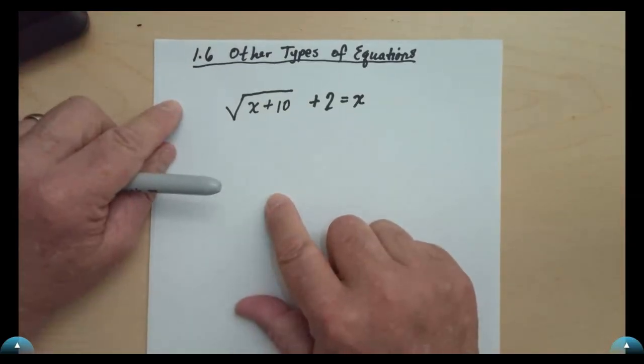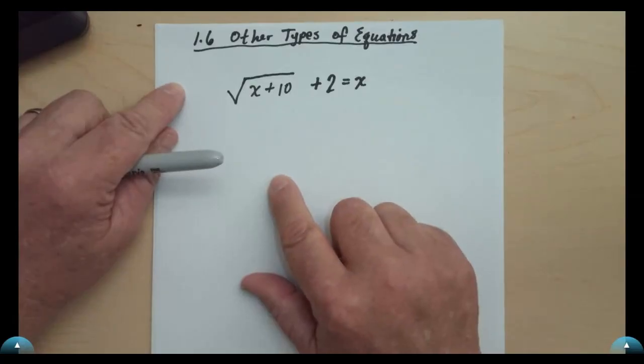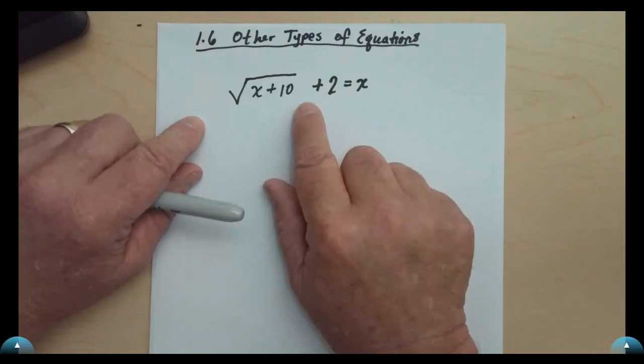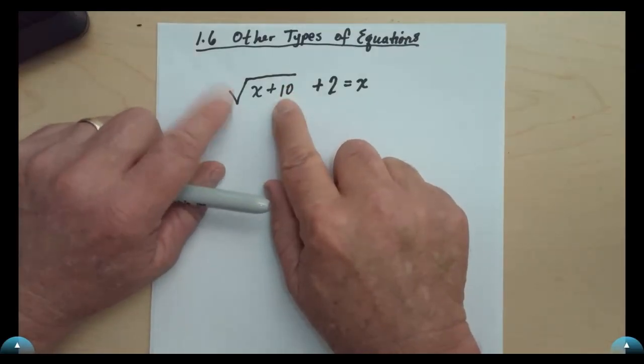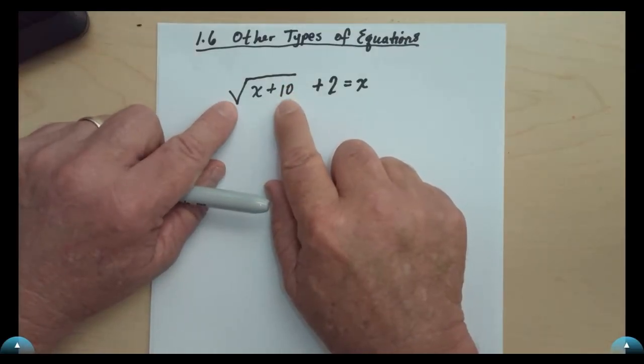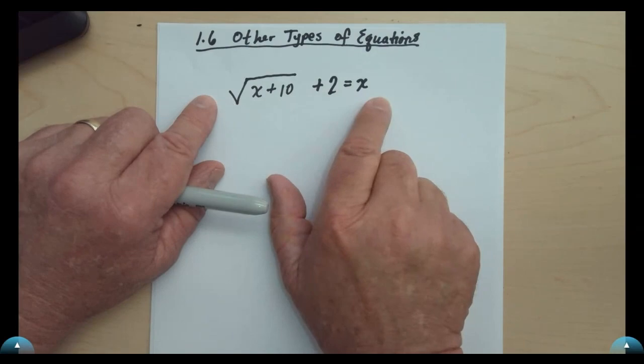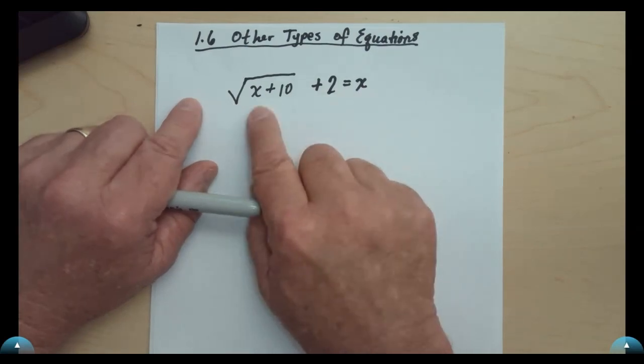Take my word for it now, and if you don't see why immediately, you'll see why in just a minute. Before I do anything to this equation, I want to get this square root expression all by itself on one side of the equation. In other words, I want to subtract 2 on each side to get rid of this 2 that's over here with my square root. Y'all see that?